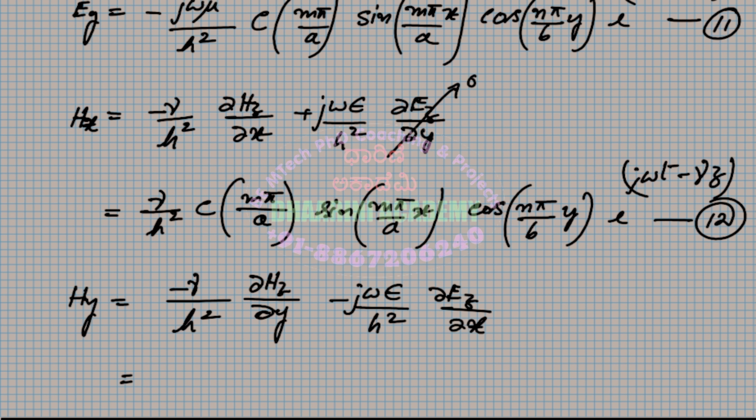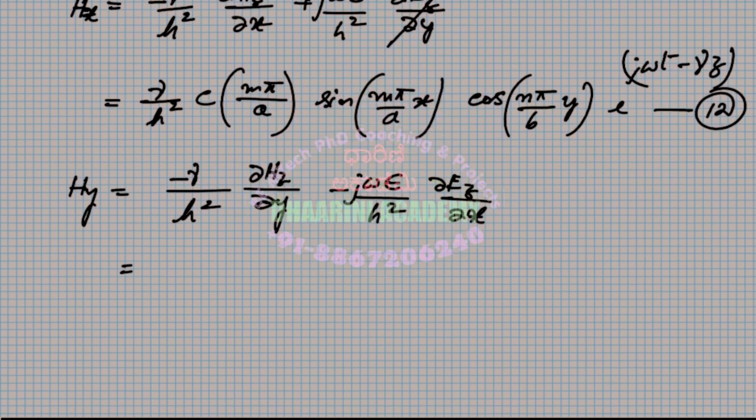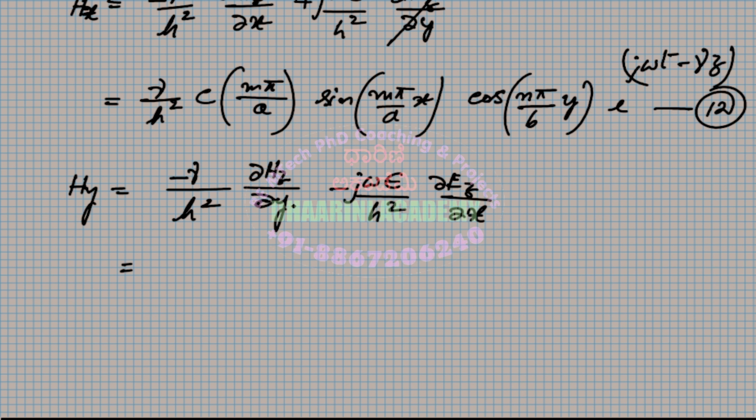So substitution by differentiating with respect to y. There is a cos term, cos of n pi by b into y. It becomes a minus sign, so minus minus cancels. So this is gamma by h square, then we have a constant c.